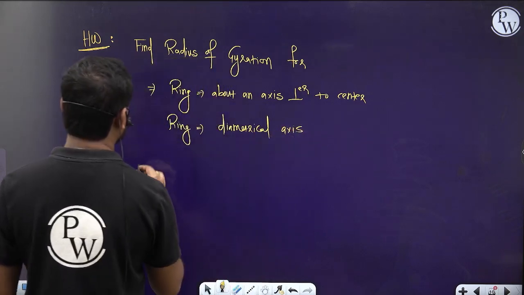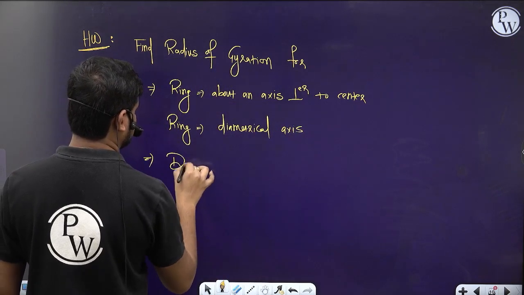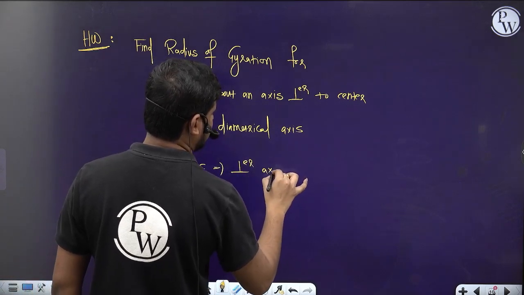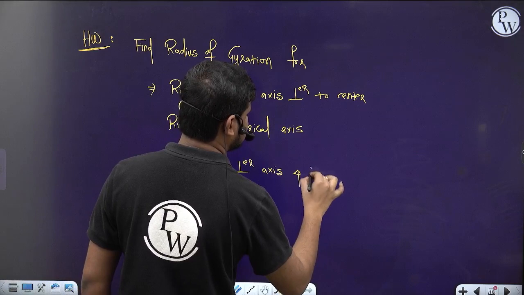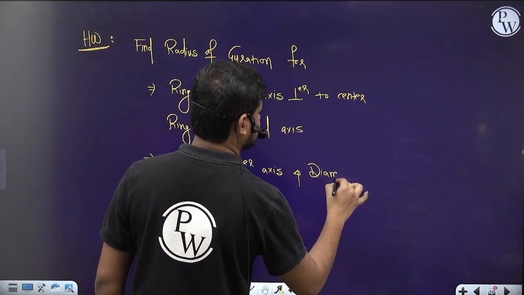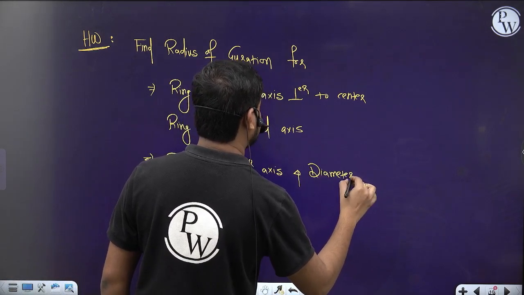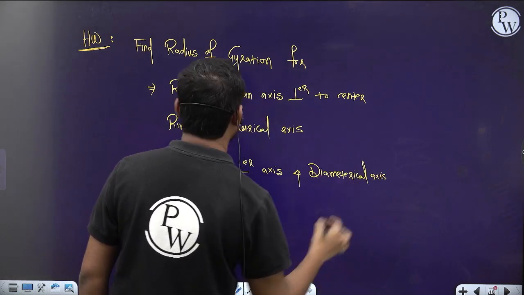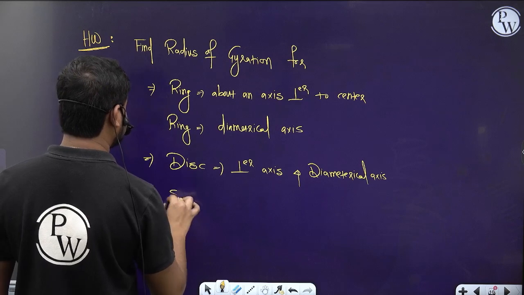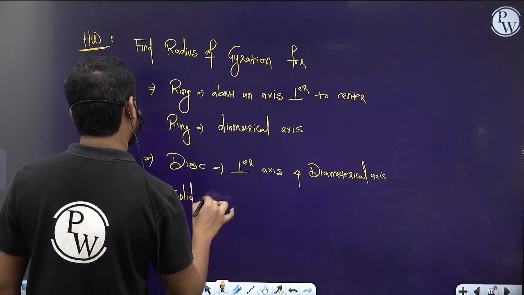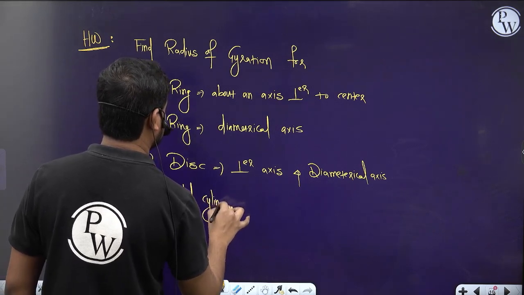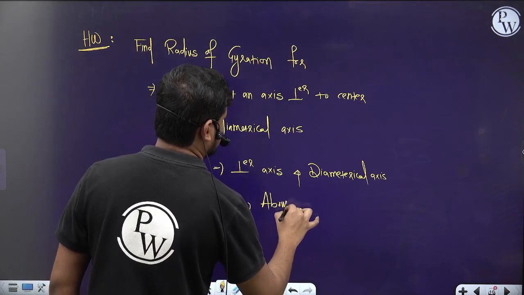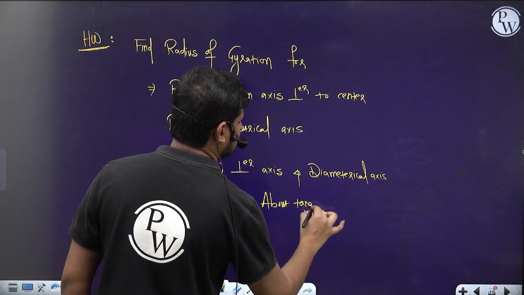And then for the disk, both about its perpendicular axis and diametrical axis, we already solved. So again I am asking you to solve the diametrical axis. Then for the solid cylinder about its tangential axis.